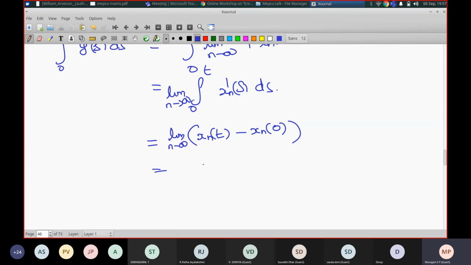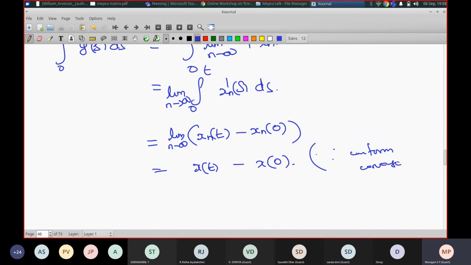So you will get, where it converges, it converges to x of t minus x of 0, right? Because uniform convergence implies pointwise convergence. So this converges to this because of uniform convergence.